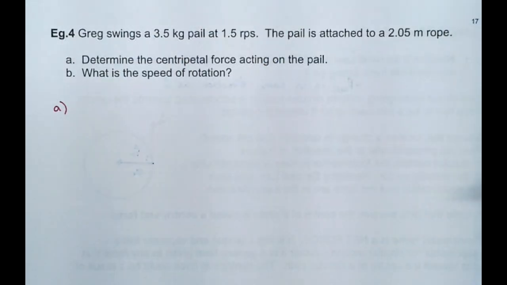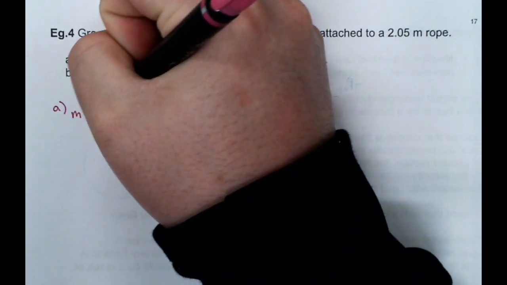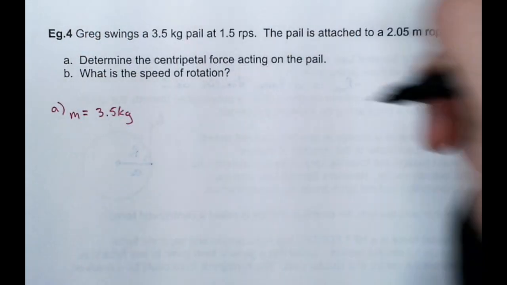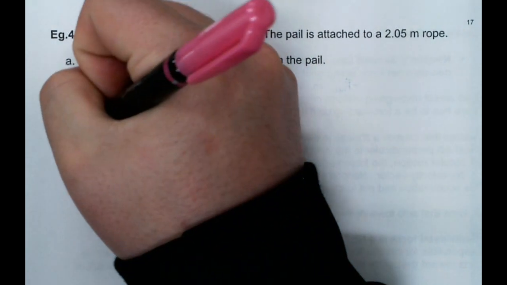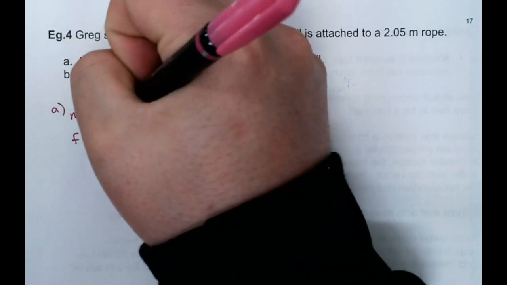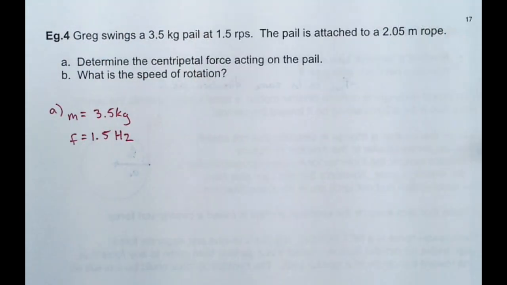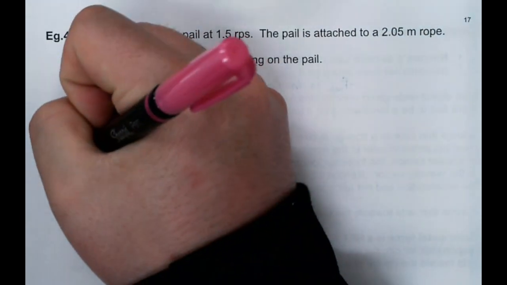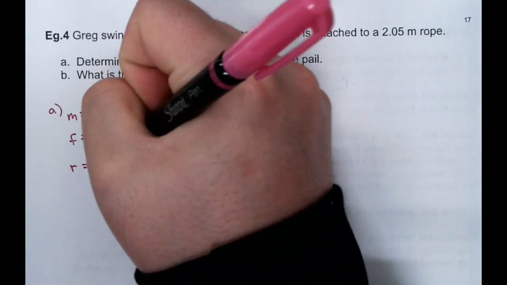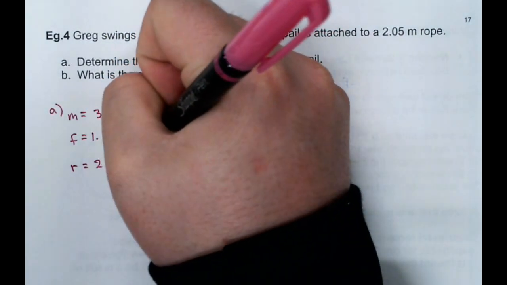So if we're doing part A, let's first write out what we know. We know the mass of the pail is equal to 3.5 kilograms. We know there's a frequency of 1.5 RPS, or hertz. We know that there's a radius of the rope of 2.05 meters.